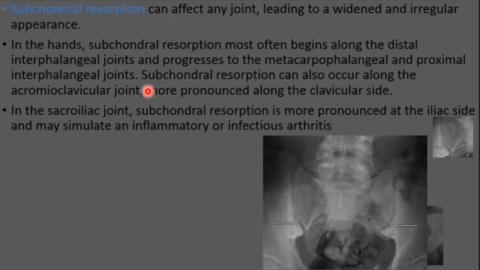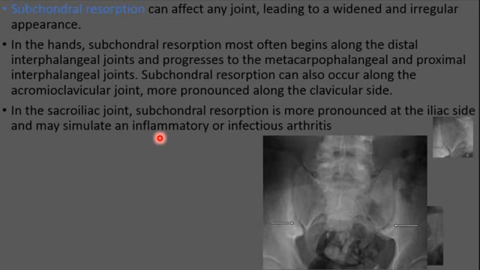In the hands, subchondral resorption most often begins along the distal interphalangeal joint and progresses to the metacarpophalangeal and proximal interphalangeal joints.